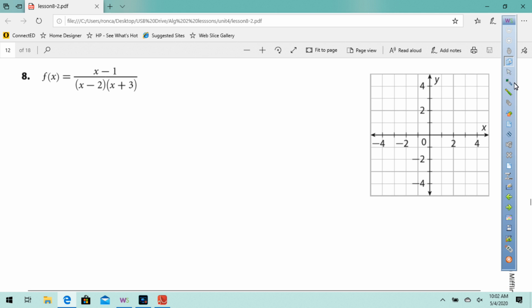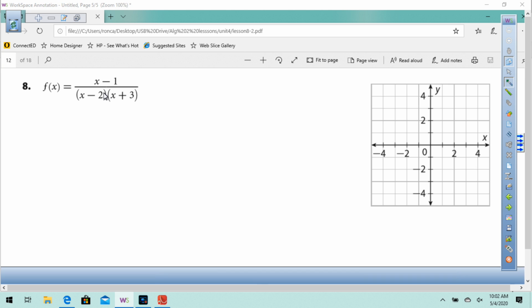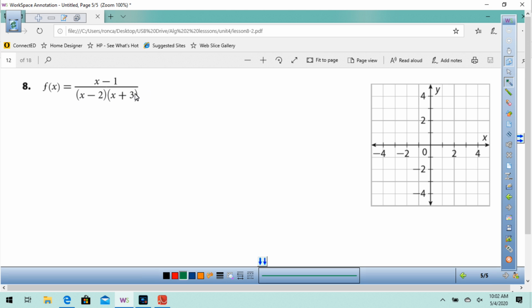Number 8. Now, the denominator has a degree of 2 and the numerator has a degree of 1. You've got x minus 1, and then over here, you've got 2 and -3. So let's find -3 here, and 2.